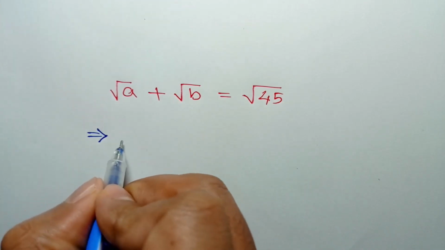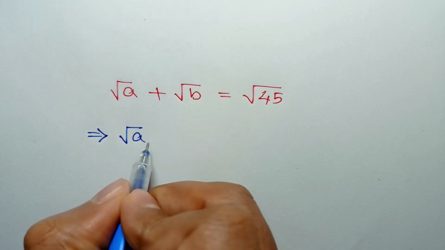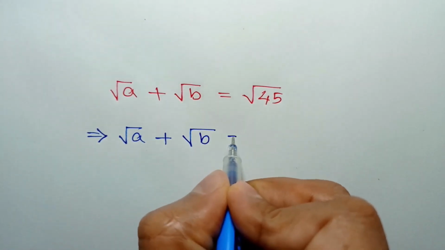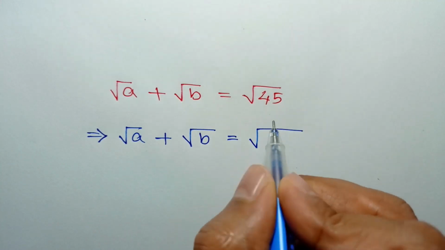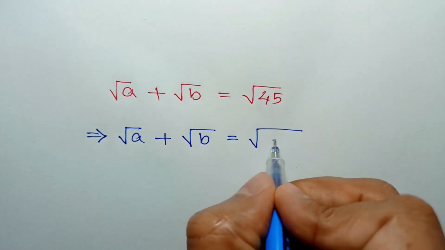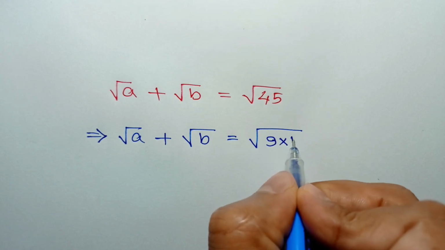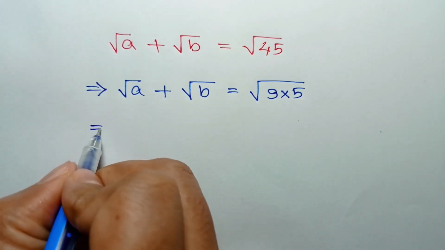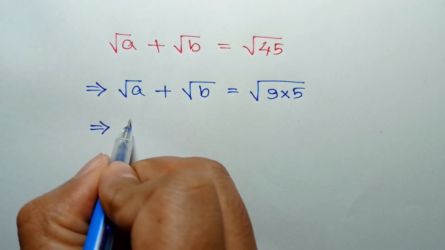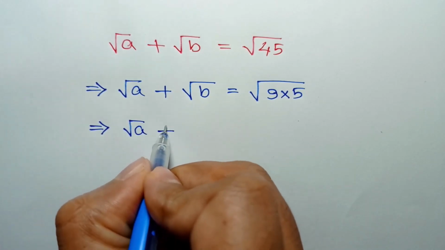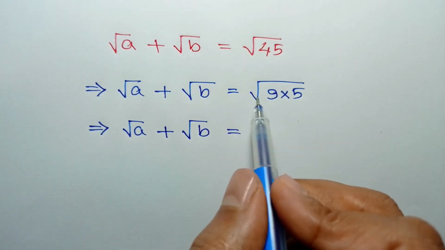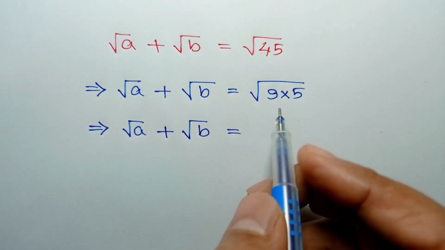Square root of a plus square root of b is equal to square root of 45, which can be written as square root of 9 times 5.